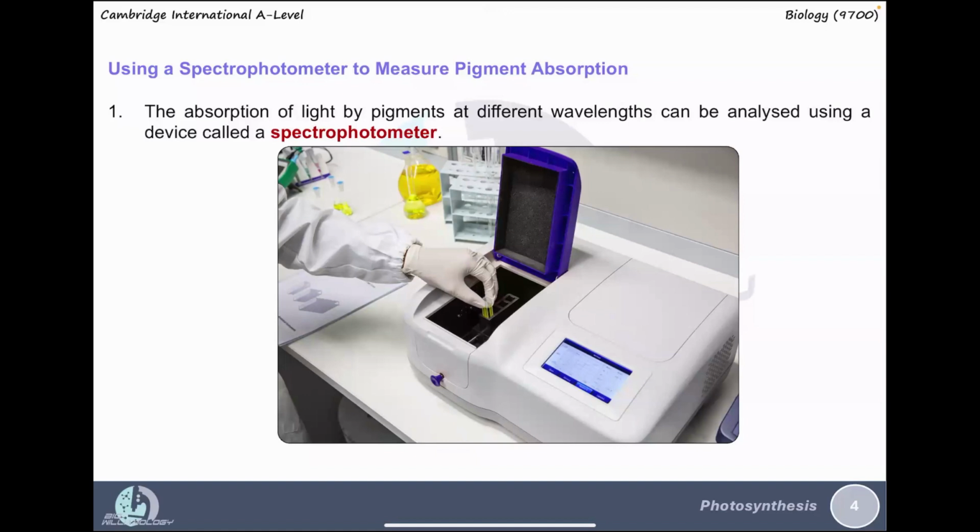We can place it into this chamber. The light will be emitted and pass through this pigment. The pigment will absorb some light intensity and leave some other light to pass through. When the light passes through, we can detect it.